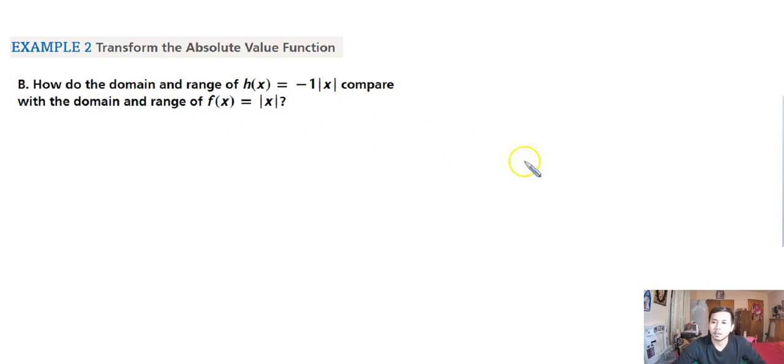If you will notice, in the previous example we multiplied with a factor of 2, which is positive. And in this letter B example, we are now multiplying the mother function with a negative factor, which in this case is -1.